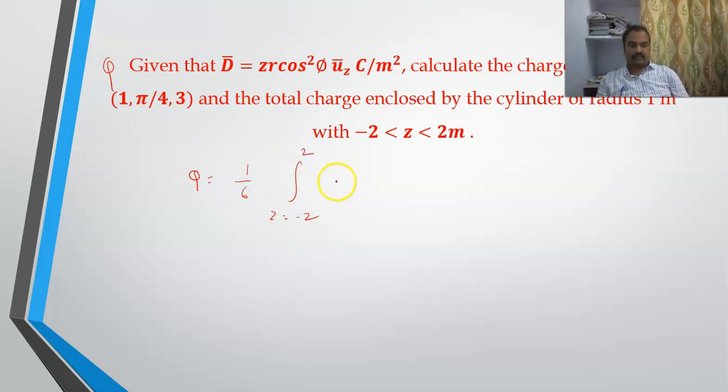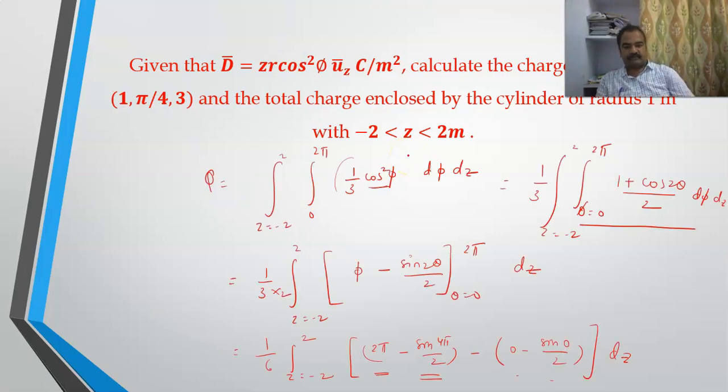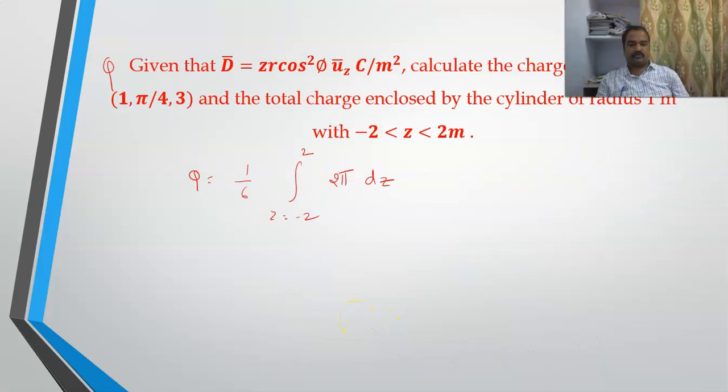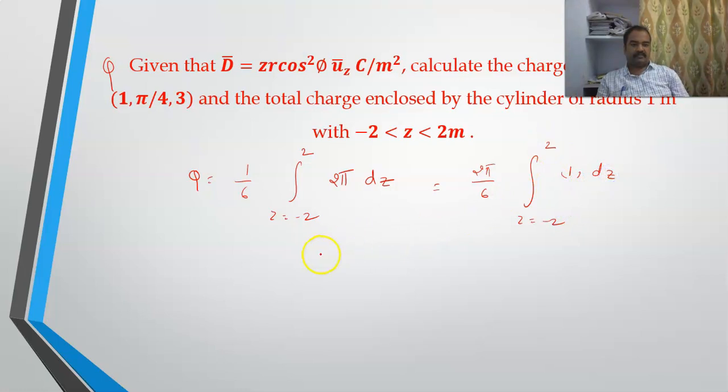What I have got here is 2 pi, dz. So only 2 pi is remaining. 2 pi is basically a constant, so I will keep it outside. Z from minus 2 to 2. If nothing is there, it is 1, right? What is the integration of 1? It is z. So 2 pi by 6 z, where z varies from minus 2 to 2.